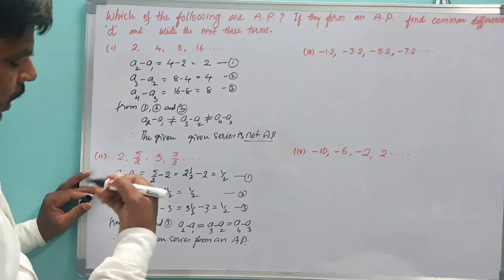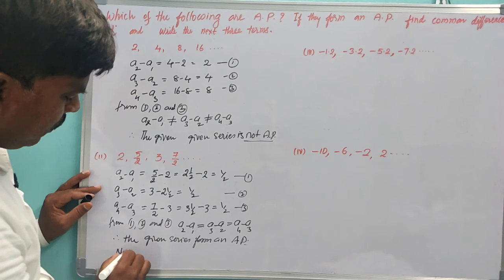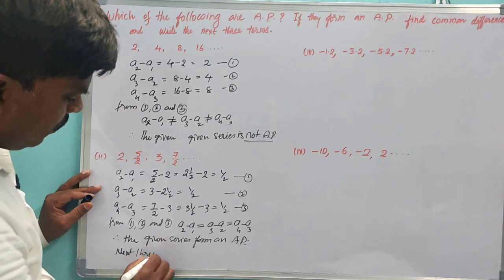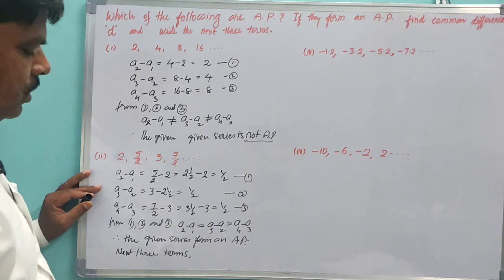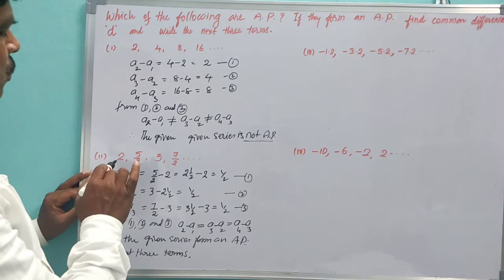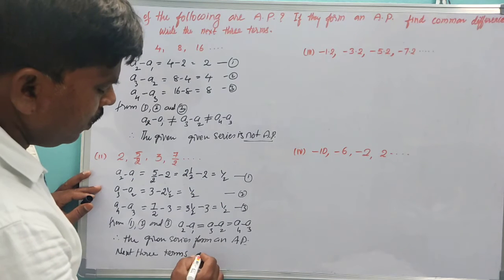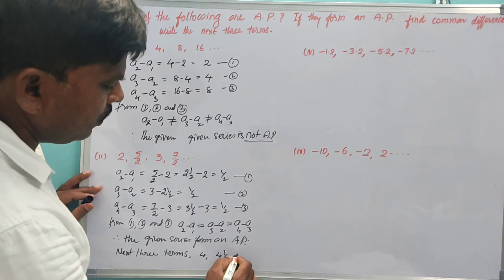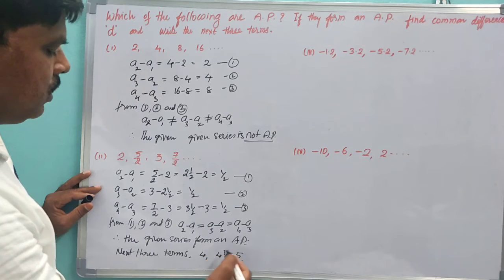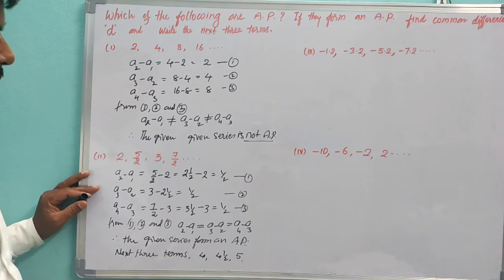Now the next three terms. So this is 2 and this is 2 and half, 3 and half, 4 and half and 5. So these are the next three terms of this arithmetic progression.